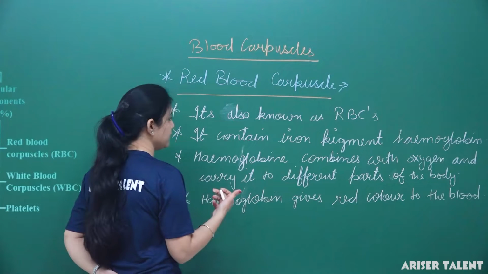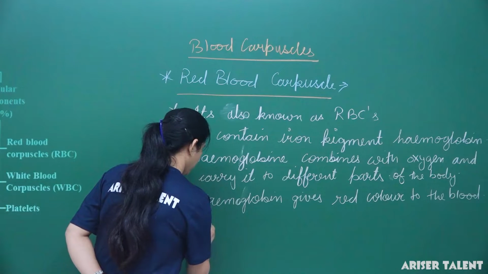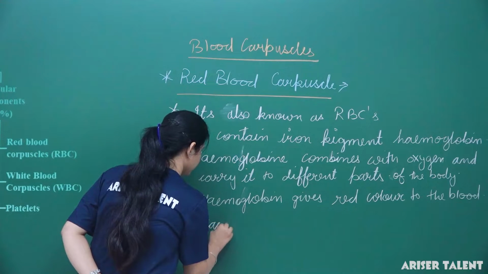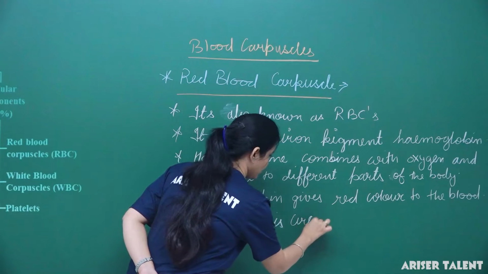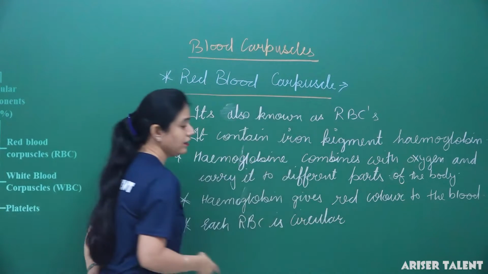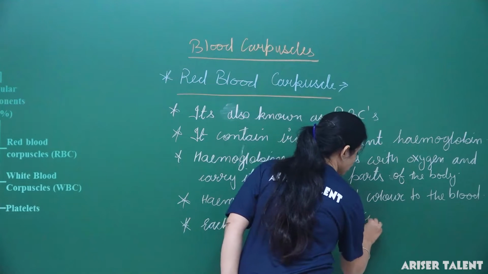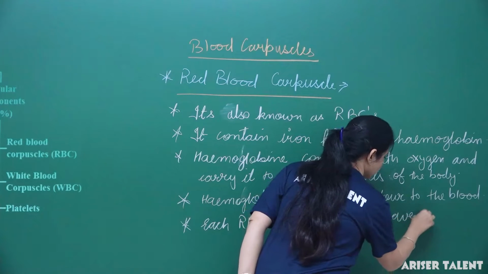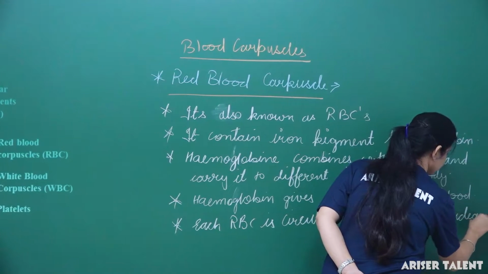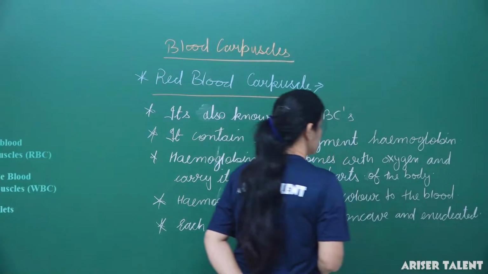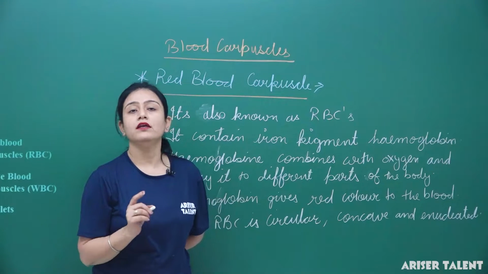Each RBC is circular, concave and enucleated. So this is the structure of RBC.